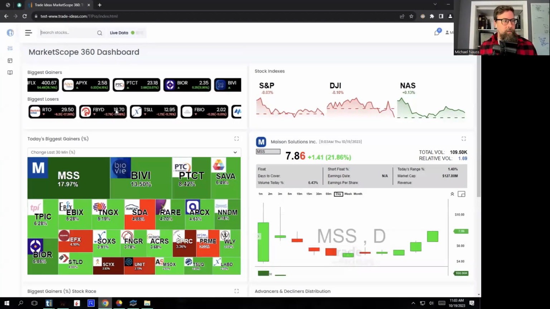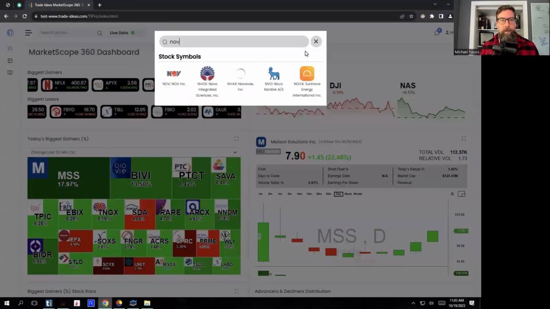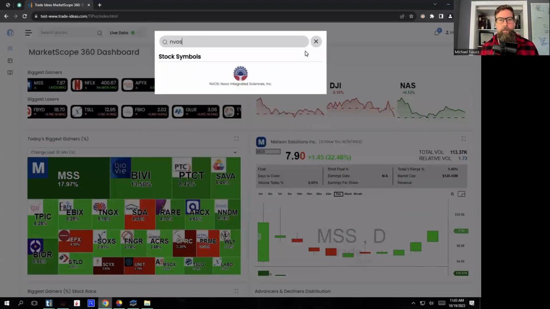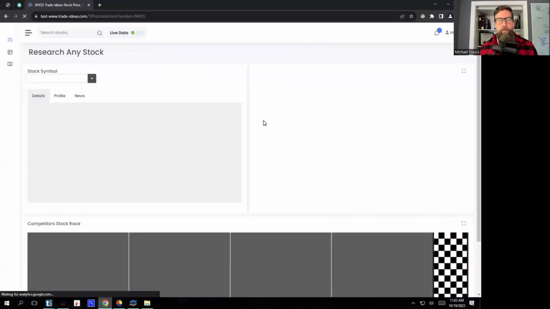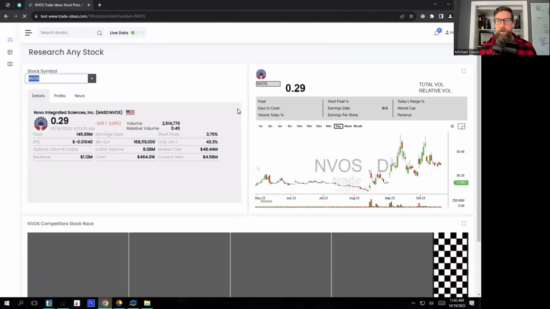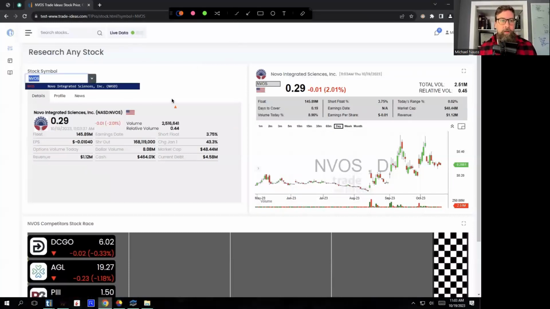Let's go. I'm going to go see the first one here, NOVS. A couple of the things that we can do, on top of just analyzing the chart, is also give you some fundamental data. I always like to look at this even before I get started into the chart, just because it lets me know a little bit about the company and what the company does.